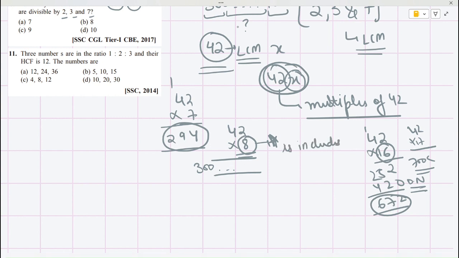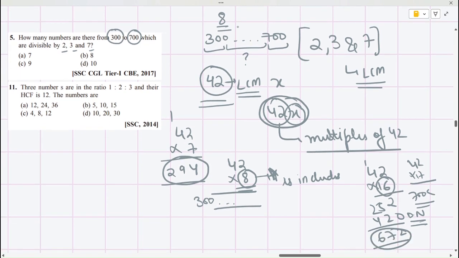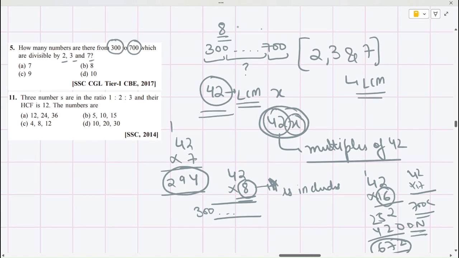because when you multiply 42 by 8, the number starts from 300, right? It lies between the range of 300 and 700. So 8 we have here when we start from 8, and even 16 lies between 299 and 701, right? So here we can write 16.